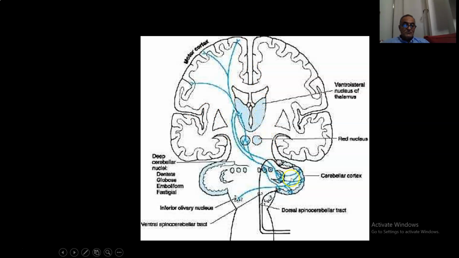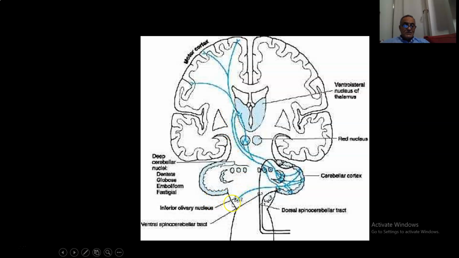And this shows you that the dorsal or posterior spinocerebellar tract goes to the cerebellum through the inferior cerebellar peduncle, what we call the restiform body, and then it goes to the surface of the cerebellum, the Purkinje cells. Then from the Purkinje cells, it goes to the dentate nucleus, and the dentate nucleus gives the cerebellar efferent.